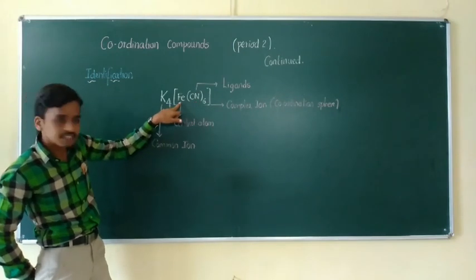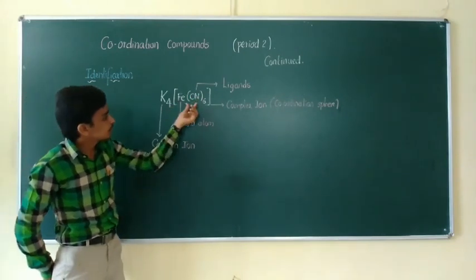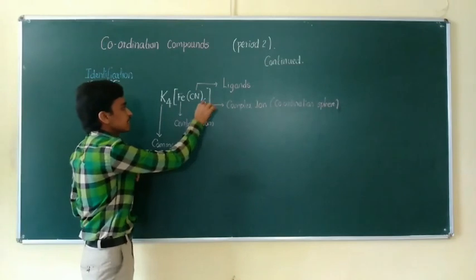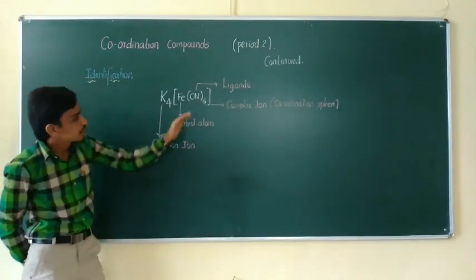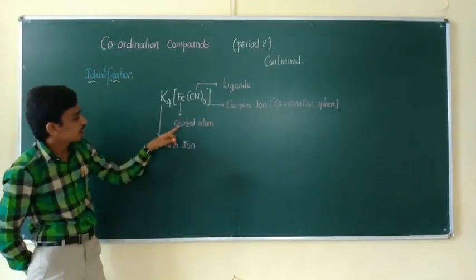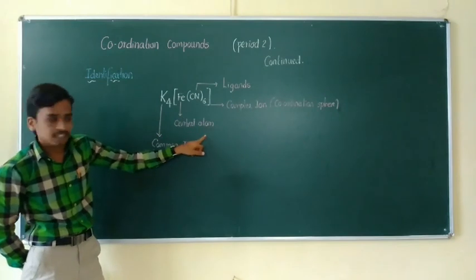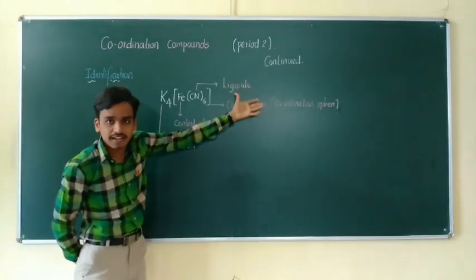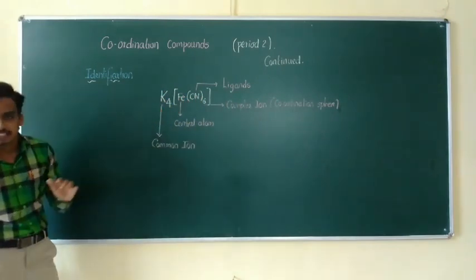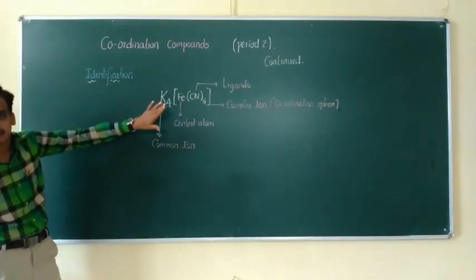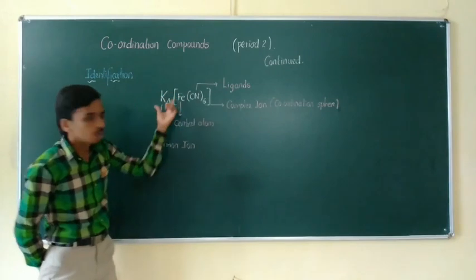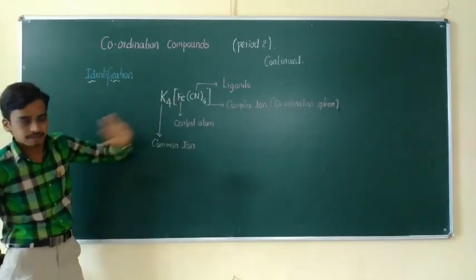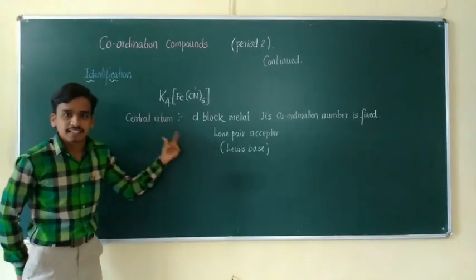After this central atom, the 6 cyanides are nothing but the ligands. Further on, you will learn the definitions of central atom, coordination sphere, and ligands. After knowing all these things, you can identify why this complex ion is stable. The important term is the central atom.